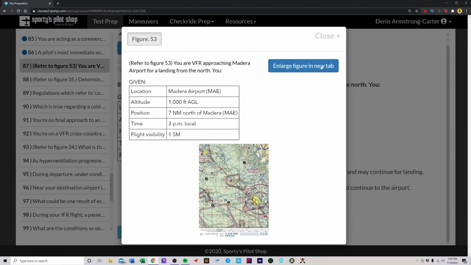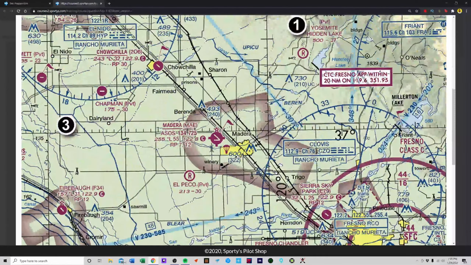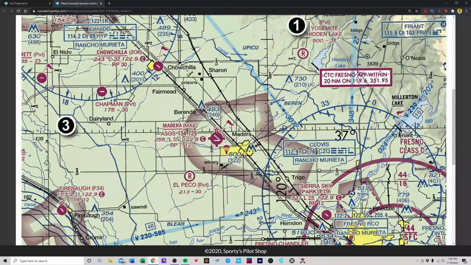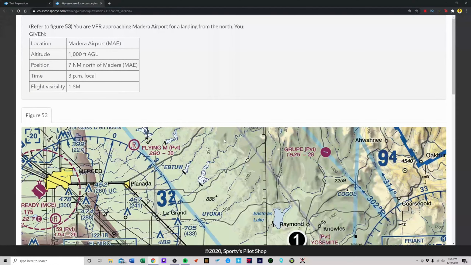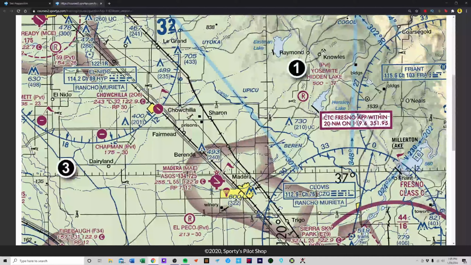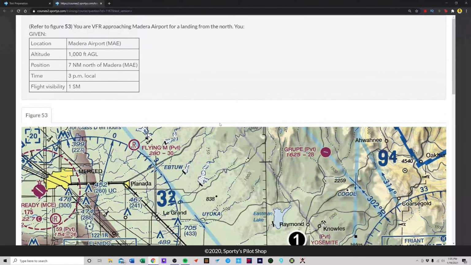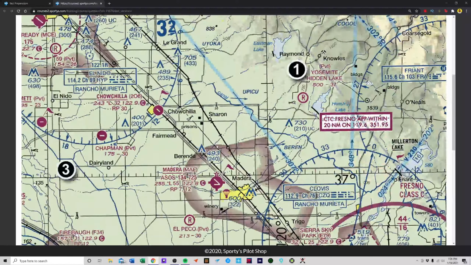Why is the map so small? MAE, Madeira. Where are you? You are 7 miles north of the Madeira Airport. You're up here by the train tracks. 3 p.m. local. I don't know why they have the time. That doesn't matter.